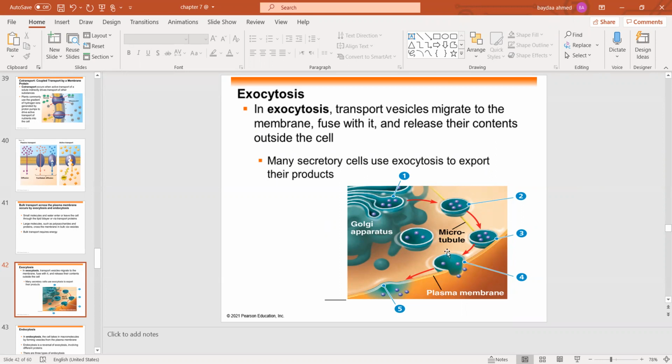A transport vesicle that has budded from the Golgi apparatus moves along a microtubule of the cytoskeleton to the plasma membrane. When the vesicle membrane and the plasma membrane come into contact, specific proteins in both membranes rearrange the lipid molecules of the two bilayers so that the two membranes fuse.